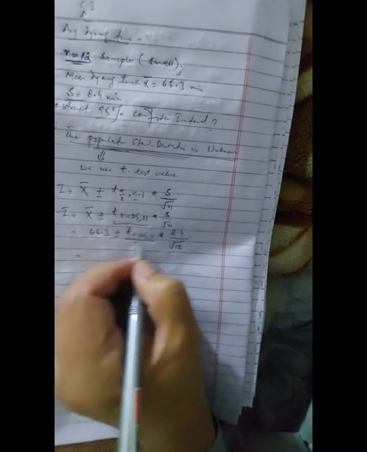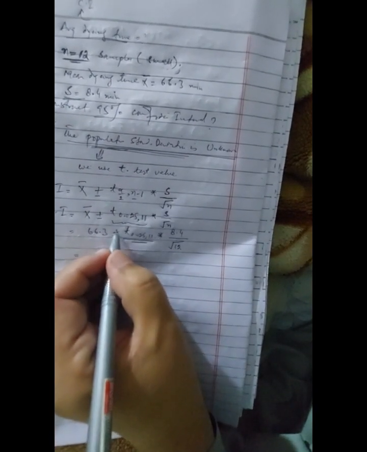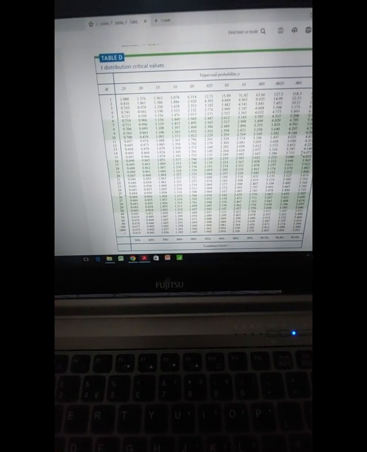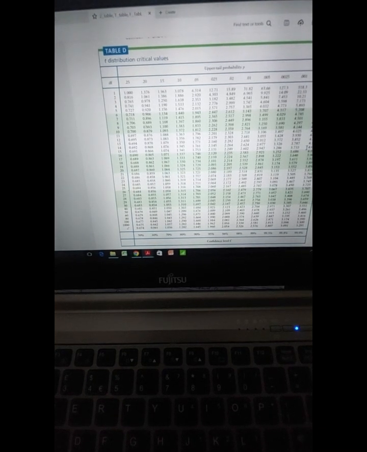So let's find this value from the t table. We want to find t for 0.025 and 11.